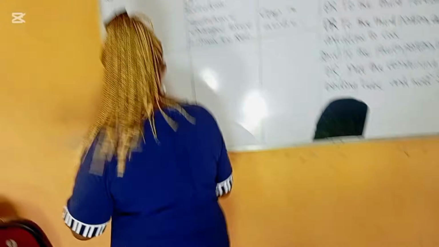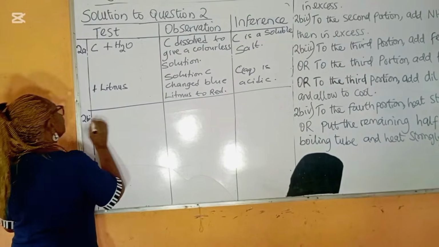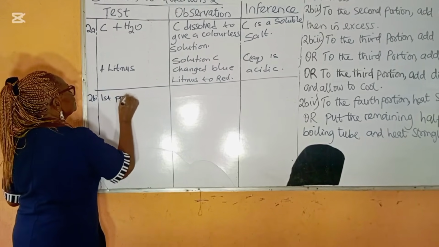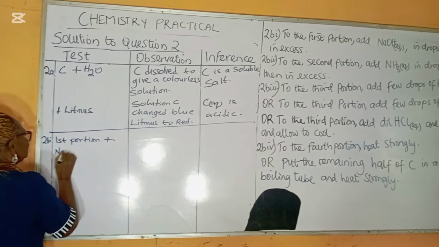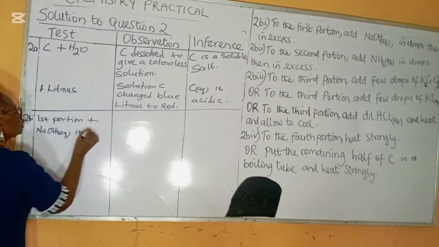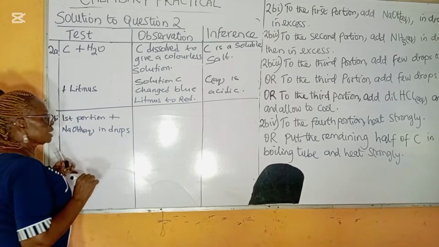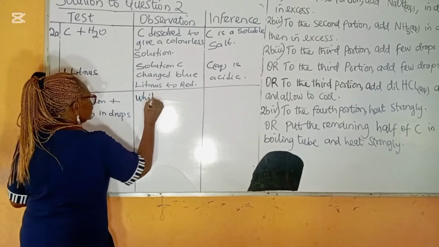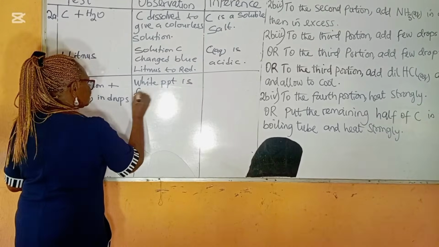So you now write and comment. This one you can say C plus, first portion, and write first portion plus sodium hydroxide solution in drops. Comment before you go in excess. You now say white PPT is formed.